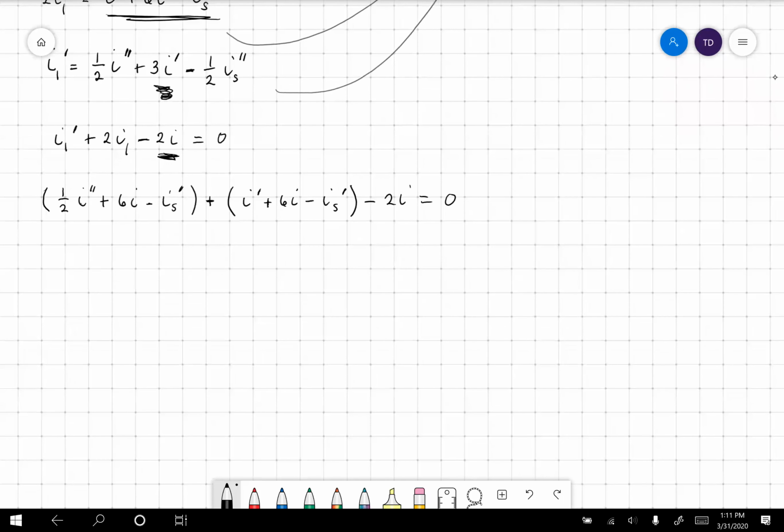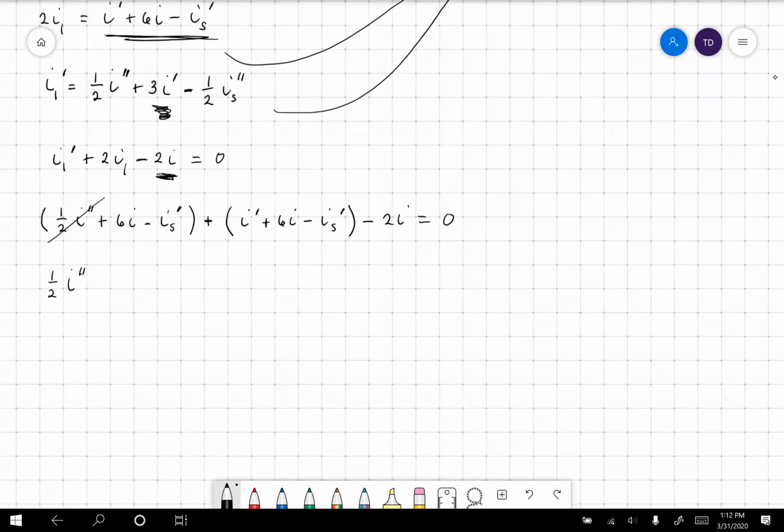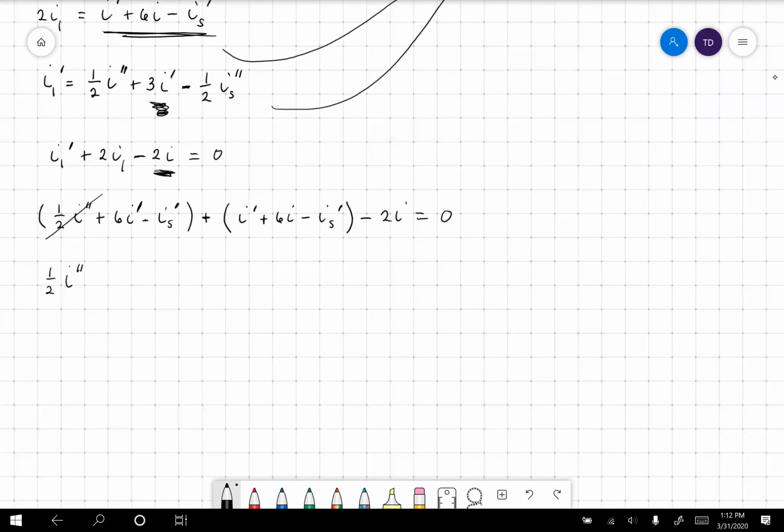So here comes the cleanup. So first, 1/2 I double prime. Got that one. My I prime terms, I have just this one here. Did I copy this correctly? No, there's two terms, right?